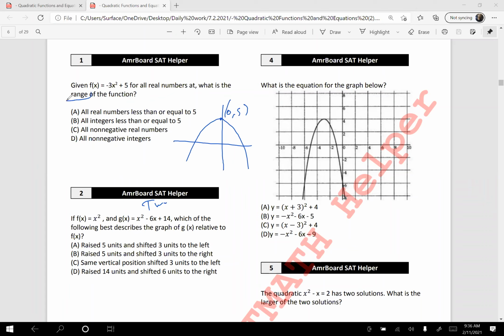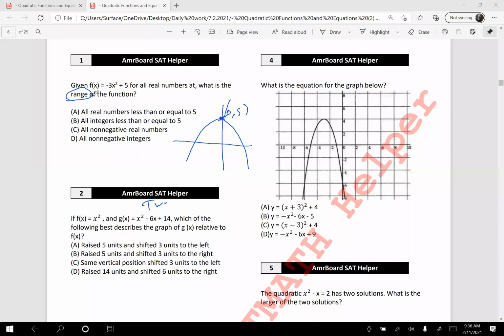And the range, what is the range? The range is the values of y, from the smallest to the greatest or from the greatest to the smallest, according to the function. So in this one, the function will have its vertex at (0, 5) and open downward.